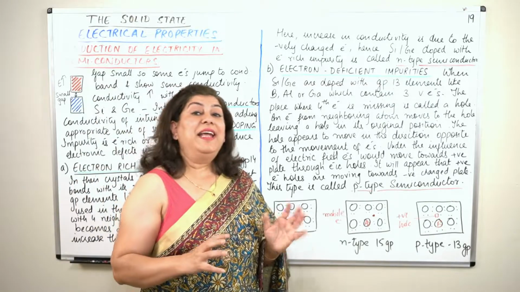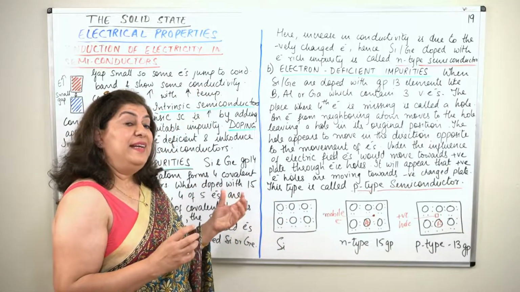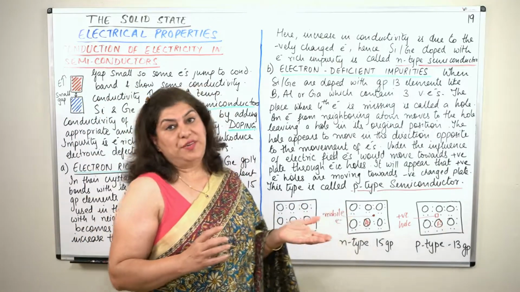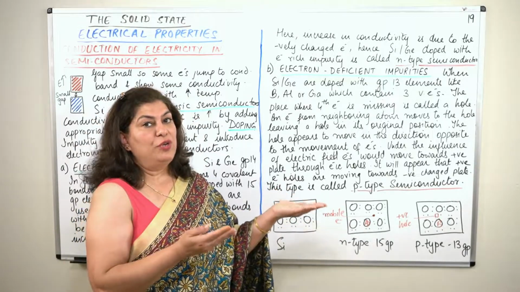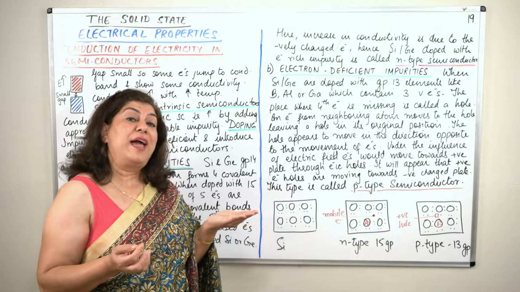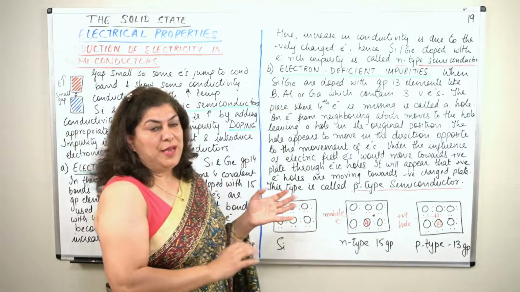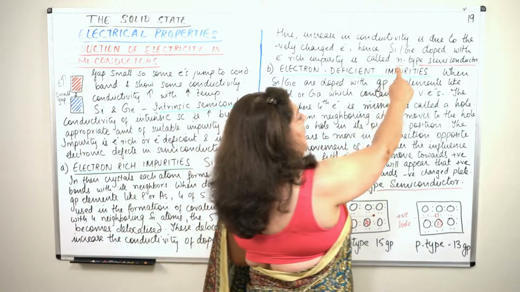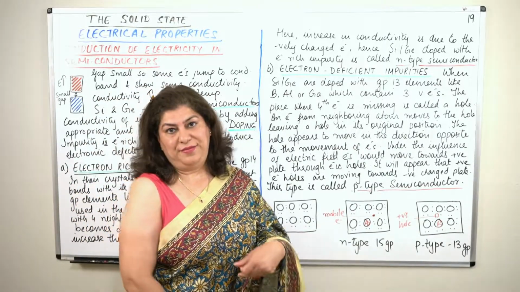And we know that electrons are negatively charged. So whenever you dope with an electron-rich impurity, extra negative charge is created, and this negative charge is responsible for carrying the electric current. Such semiconductors which have been doped are called N-type semiconductors, where N stands for negative.